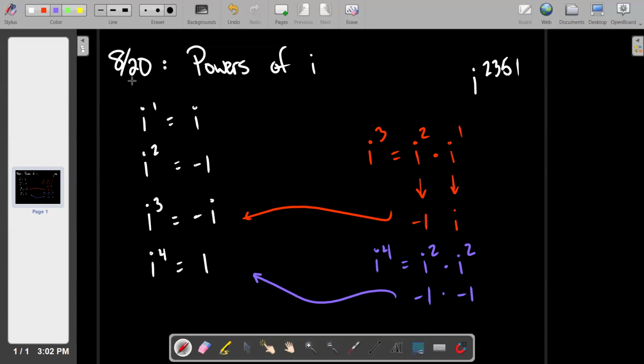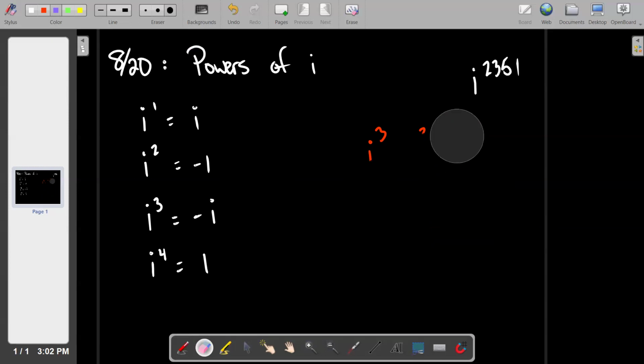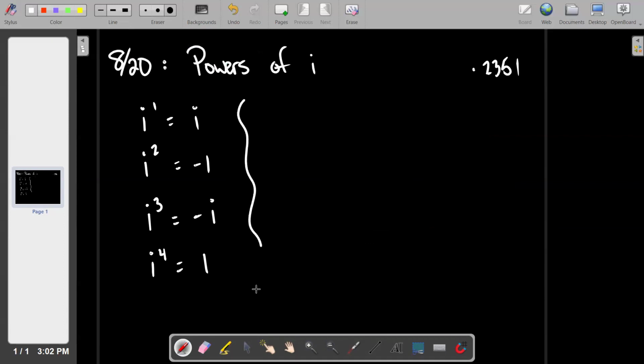If I jump ahead to i to the fifth power, I realize that I can take every problem from here on out and essentially disrespect it by pulling a huge, redundant, pointless chunk of itself out.